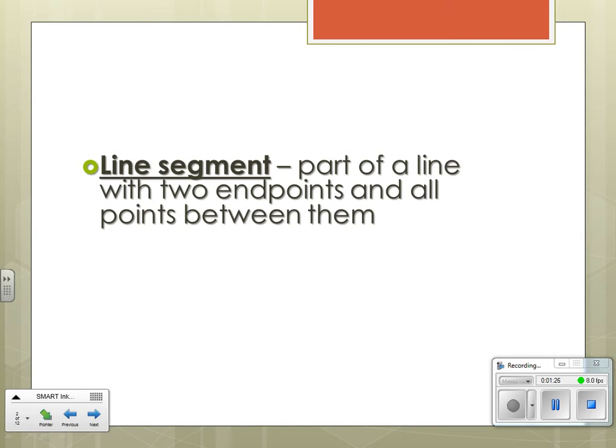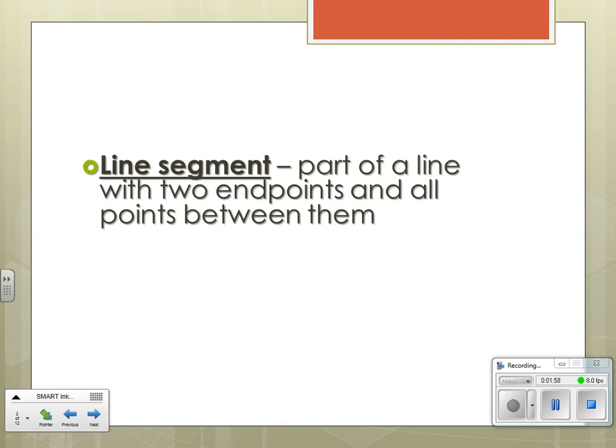Part of a line, 2 endpoints, and all the points in between those. So that's what a line segment is.